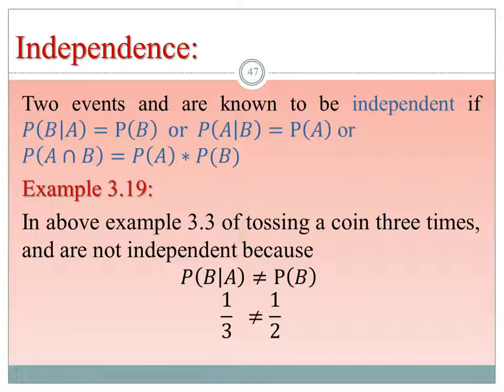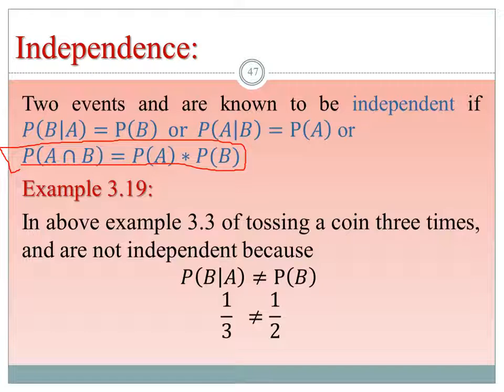So probability of B given A is equal to probability of B, or probability of A given B is equal to probability of A. Otherwise, we can write probability of A intersection B is equal to probability of A times probability of B. This is very useful and also very popular. So if two events A and B are independent, probability of A intersection B is equal to the multiplication of these two probabilities.